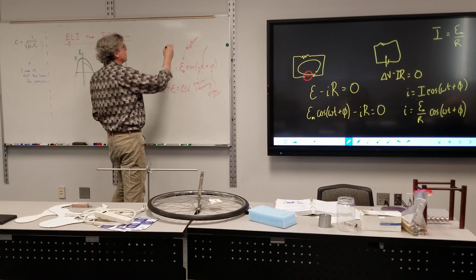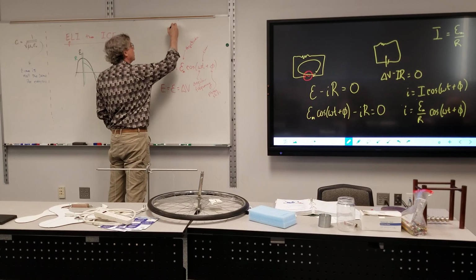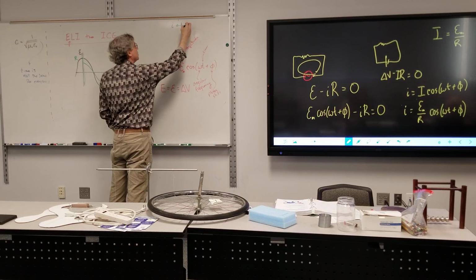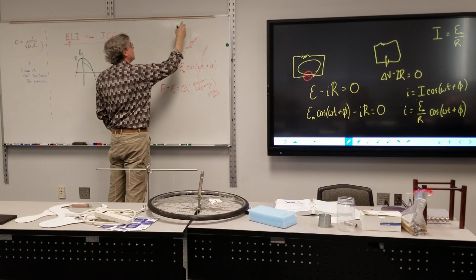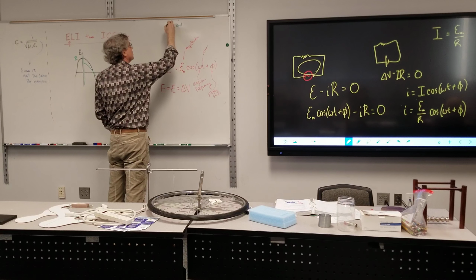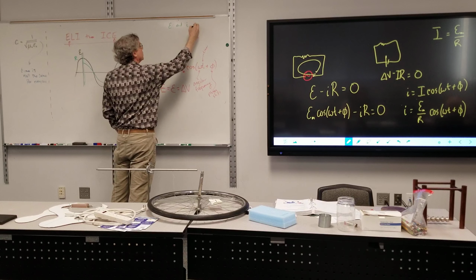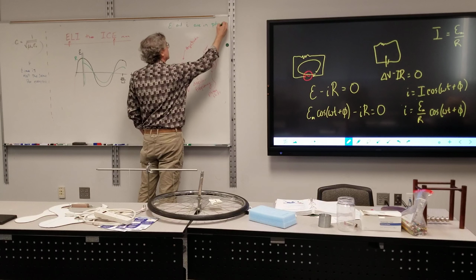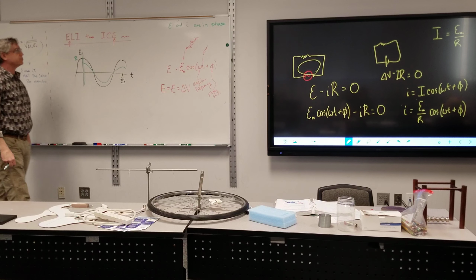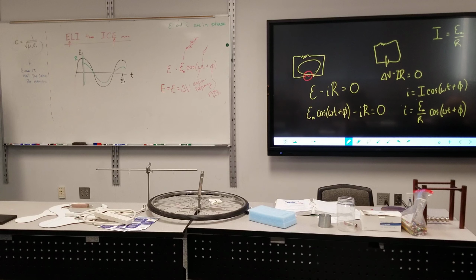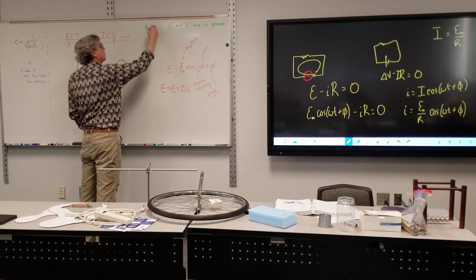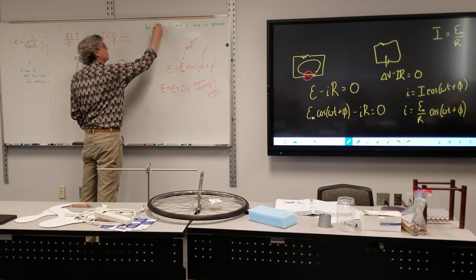So for an AC circuit, EMF and current are in phase for a resistor.